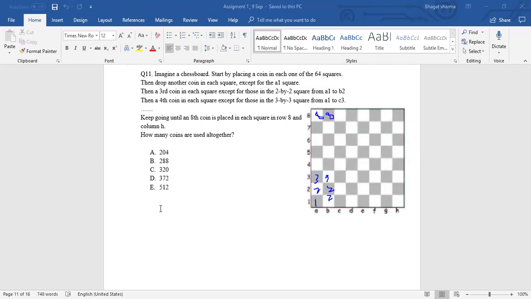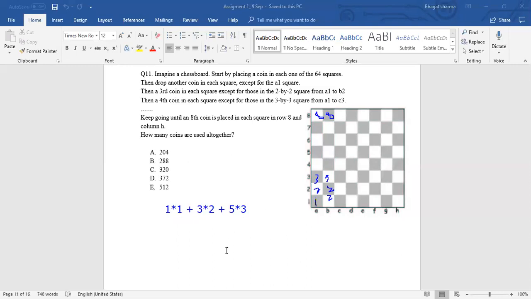Yes. So if I look, one square has a coin of 1. Then 3 squares have 2 coins. Then 5 squares have 3 coins.